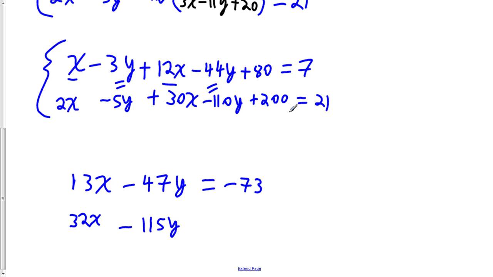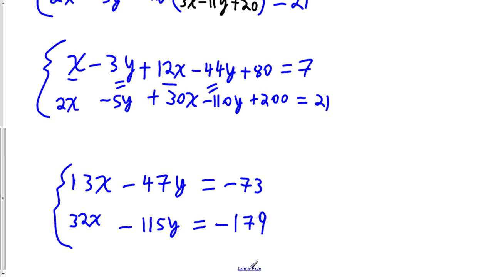And I'm subtracting 200 from both sides, and 21 minus 200 is going to be negative 179. So there I have my two equations in their standard form.